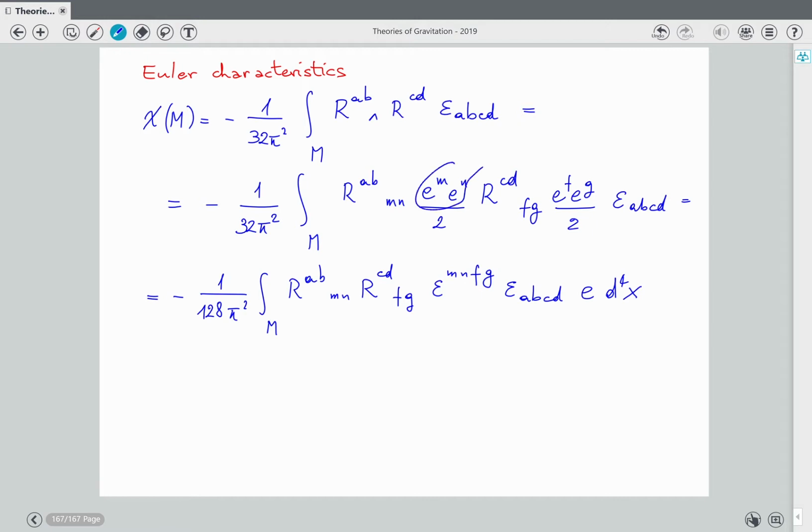So again, these four give these things. Now we have two epsilon tensors, and we know that there is no contracted index there, so this is a little bit long to compute, but we have to do it.